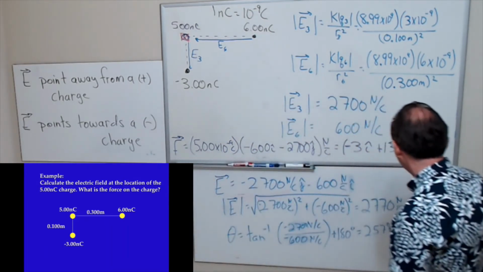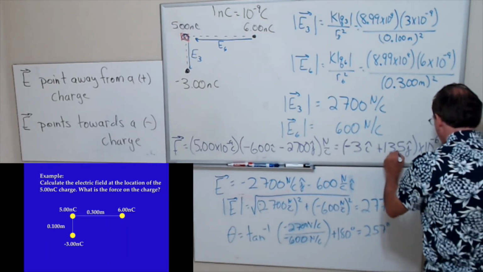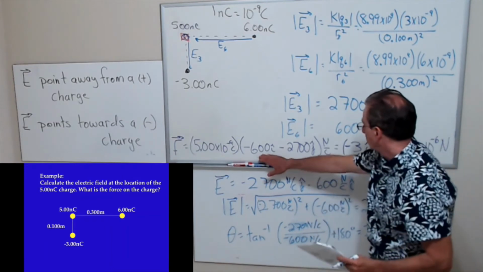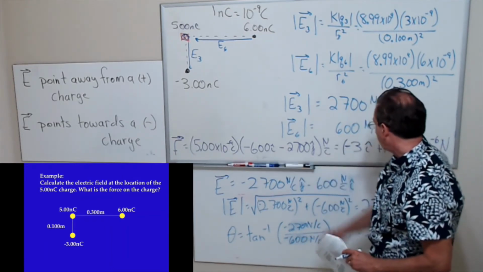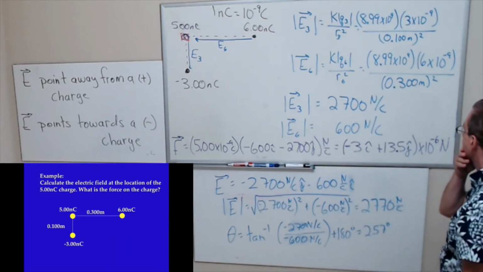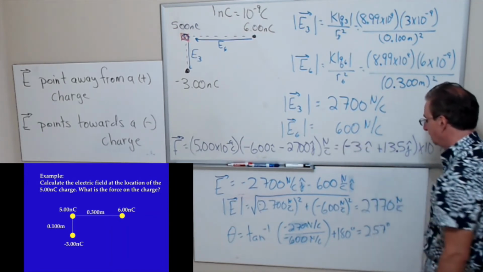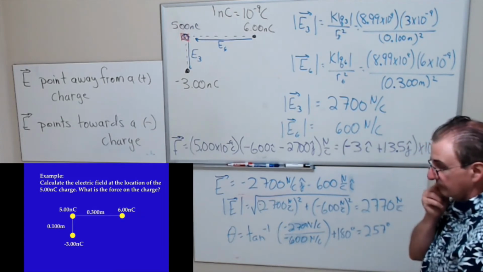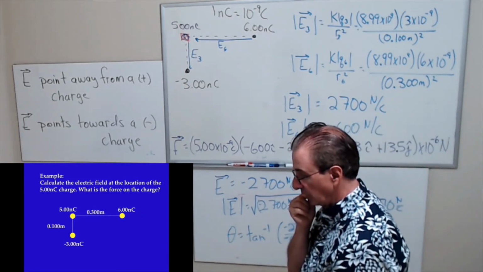Is that better? And that's 6.00, right? And 2.7. This one? Yeah, that's 600. Okay. We're okay then?